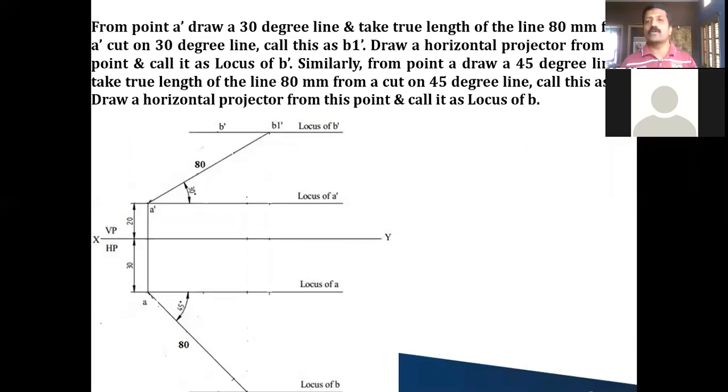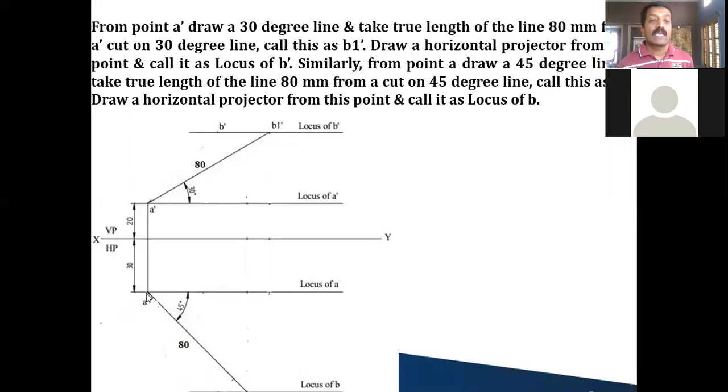Similarly, the same thing you have to do to get the true length diagram in the top view also. Here you take A as the center and draw the 45 degree line, that is with respect to VP, 45 degree as given. After drawing this 45 degree line, what is the true length? True length, whether you draw it in the front view or in the top view, remains the same. It's the actual length of the line.